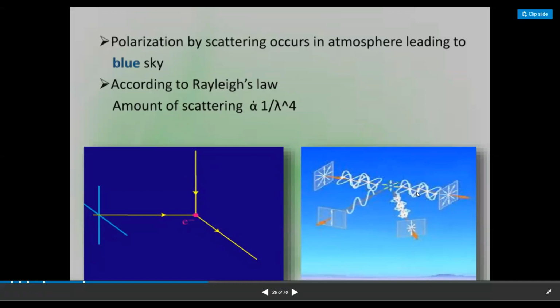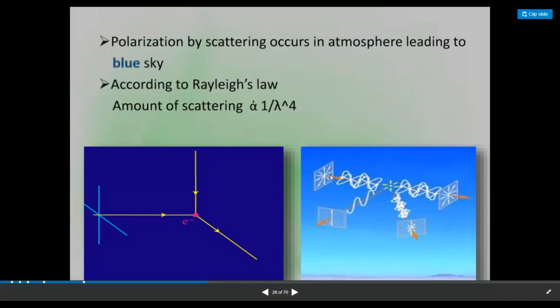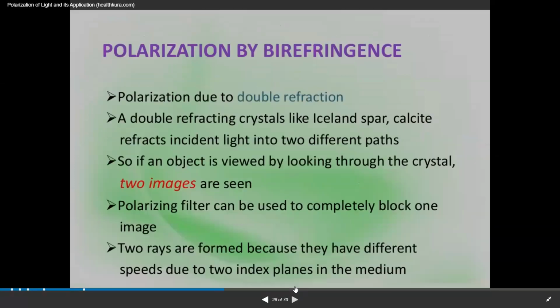So this is the picture which indicates how we observe blue color in the atmosphere. An unpolarized light is incident on the atom. It splits into polarized light. Again, it is transmitted as unpolarized light to neighboring atoms. So in this continuous process, due to scattering, we observe blue color in the atmosphere.